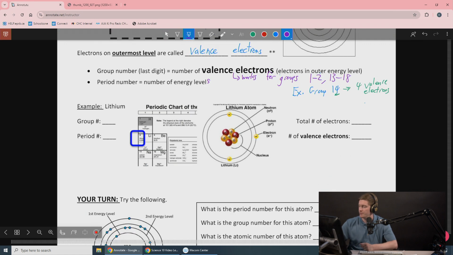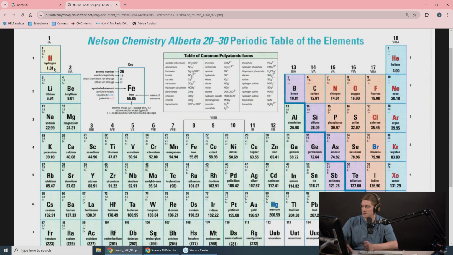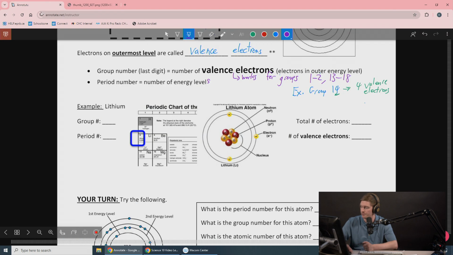If we take a look here, lithium, you can find lithium on the periodic table. Lithium is in group 1, first column, but it's in the second period. That's the second row of the periodic table. So we can say it's in group number 1, period 2. This means that lithium is going to have 2 energy levels. Lithium has the atomic number 3, so we know that lithium has 3 electrons total.